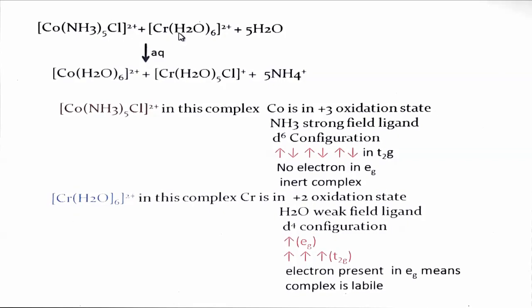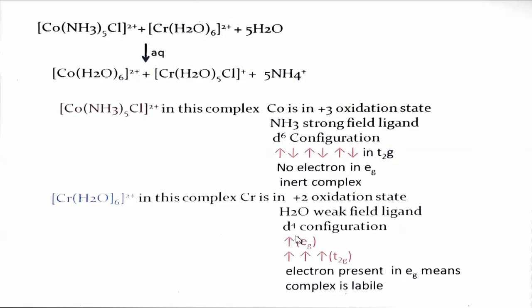Now the second complex taking part in this reaction is hexaaqua chromium 2+. In this complex, chromium is in the +2 oxidation state and H2O is a weak field ligand. So the d4 configuration will be there, and since H2O is a weak field ligand, 3 electrons will enter into the t2g orbitals and 1 electron will enter into the eg.